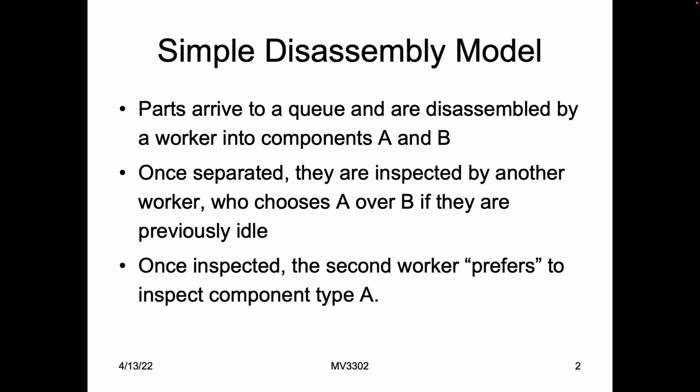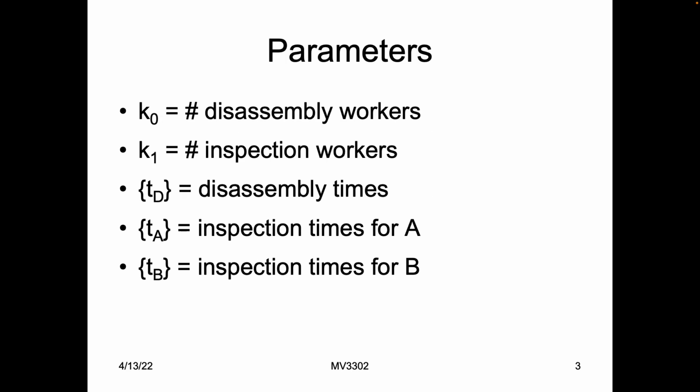So in a way, this is a little bit of the inverse of the model where there were two types of servers and the customers preferred one or the other. Now there are essentially two types of customers, each of these components, and now the inspector has to decide which one they're going to do.